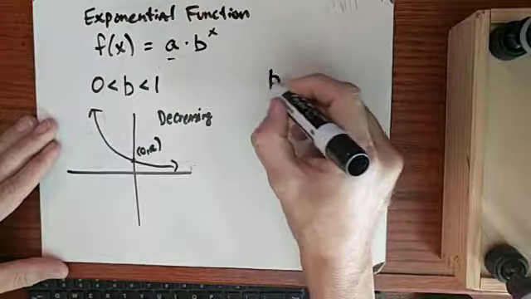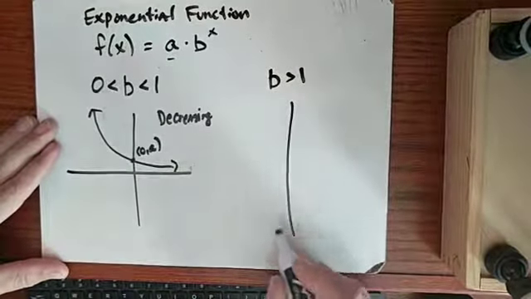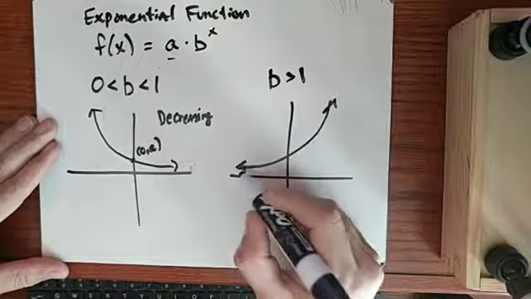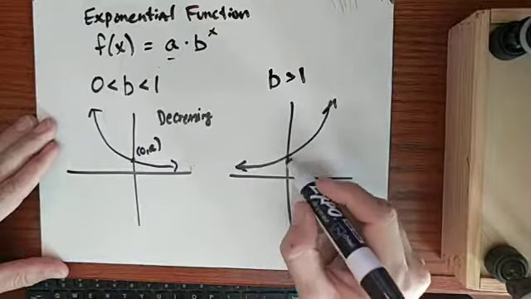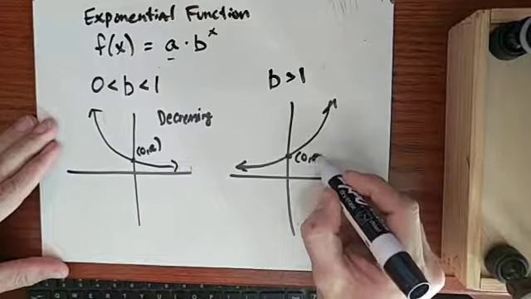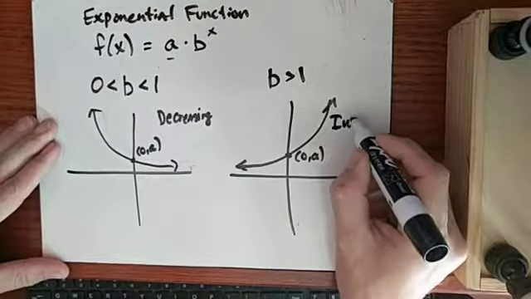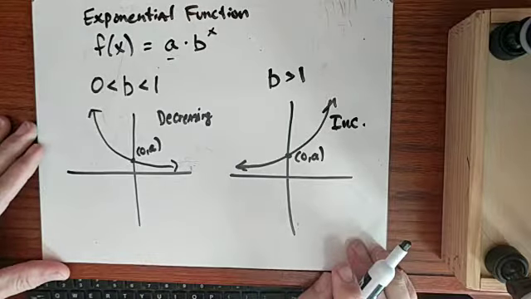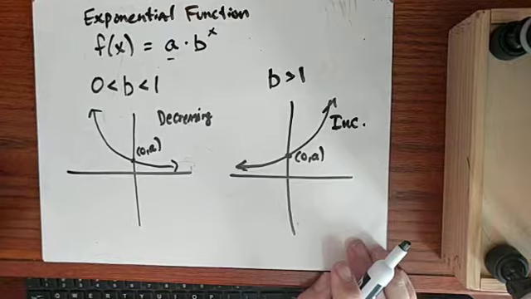If b is bigger than 1, you guessed it, it's increasing. It looks like this. So you might remember this from a previous math class you took, right? I'll have to abbreviate because I ran out of room. Those are all examples of exponential equations.